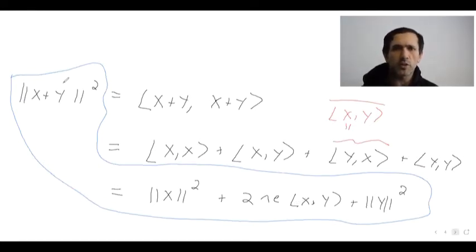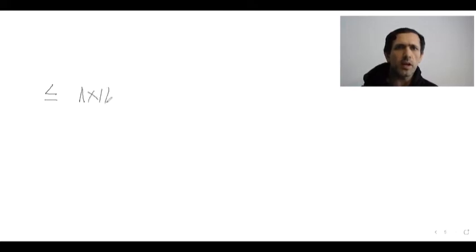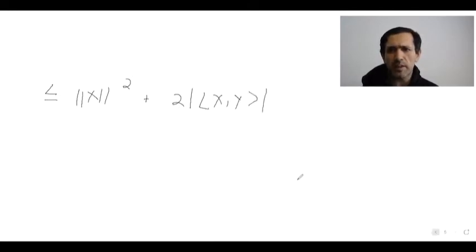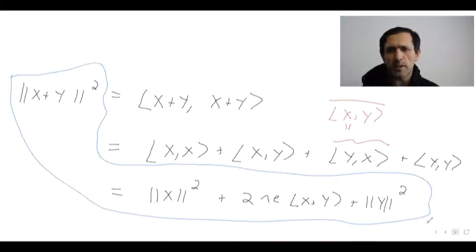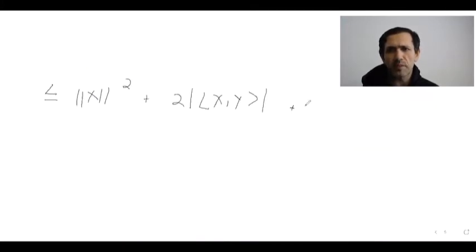So this is trivially less than or equal to norm x squared, and again, we don't know it's a norm yet, we're proving that, so I probably shouldn't call it norm squared, but whatever, plus 2 times the absolute value of (x, y). Again, I'm using the fact that the real part is less than or equal to the absolute value. Plus norm y squared. Use Cauchy-Schwarz. I'm sure this is a very familiar proof.